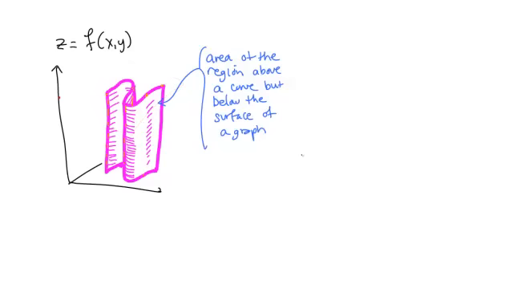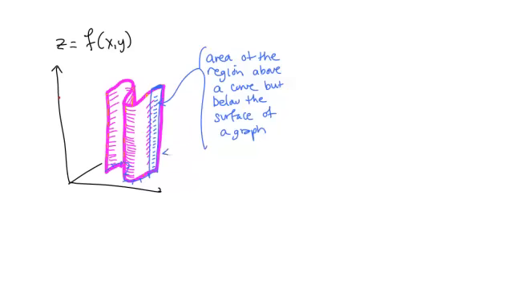Well, what might be the best way to approximate the area of something like this? One of the things that we could do is imagine taking the bottom curve down here and chopping it up into pieces. Then over each one of these pieces, we would have a strip which was almost, but not quite, a rectangle. The top end would be a little bit curvy based on the graph of the function, and it would have a little bit of a warp itself because of the curvature of the graph.